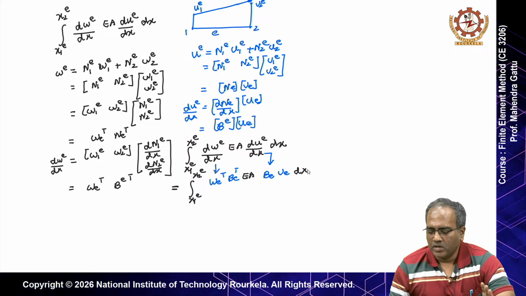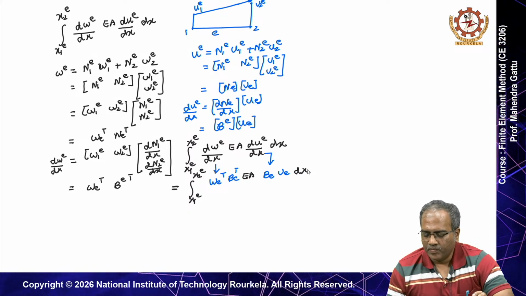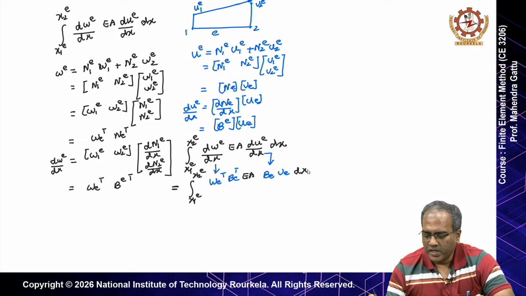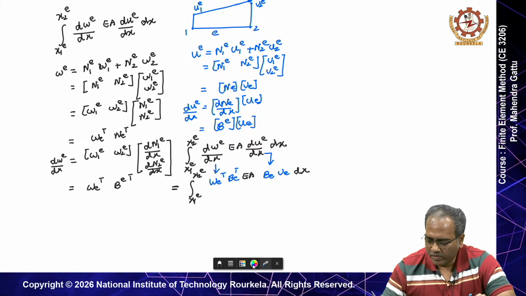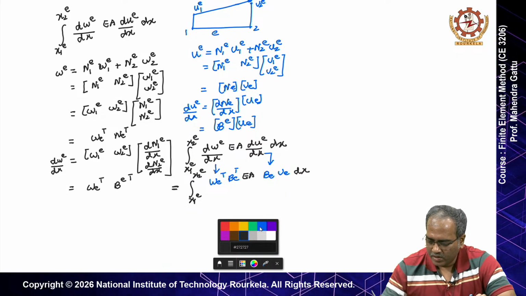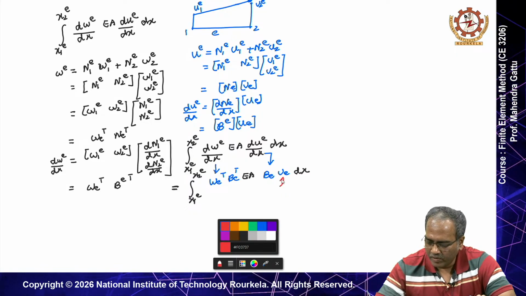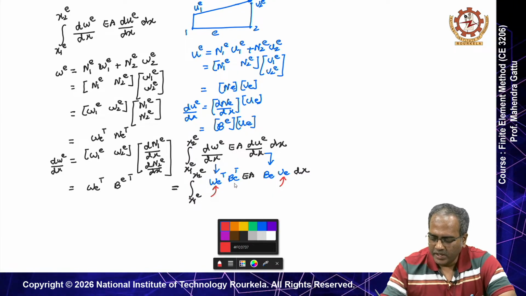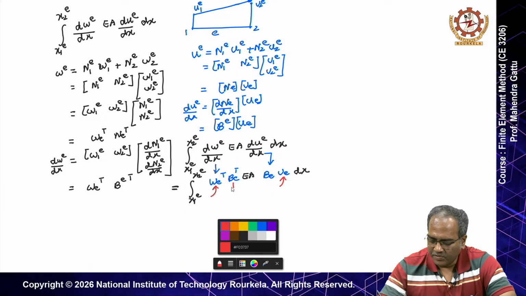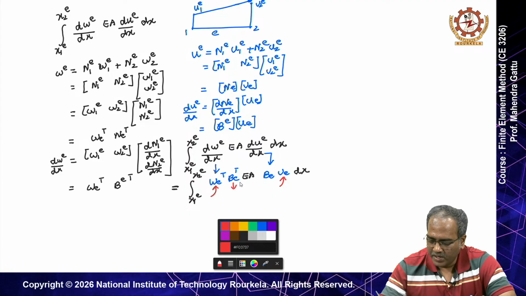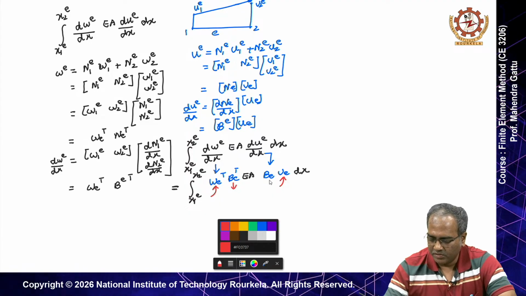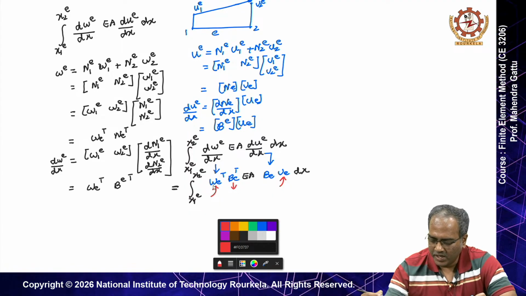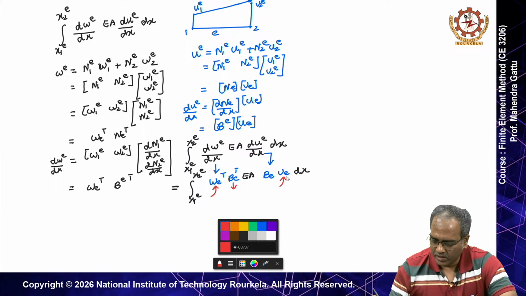So, in this integral u e is the nodal value and w term is also a nodal value. B is a function of x and B transpose also is a function of x. So, we can take w transpose and u e out of the integral.